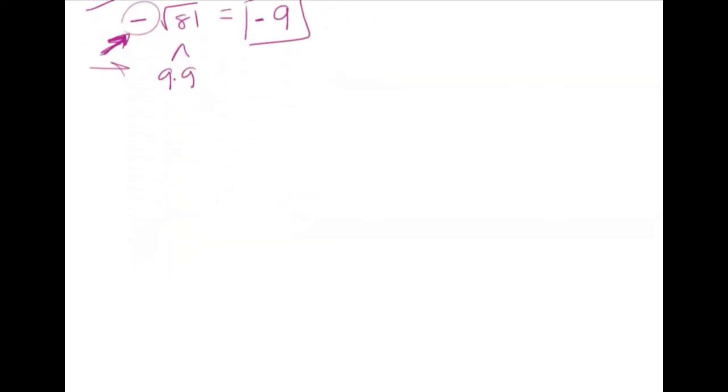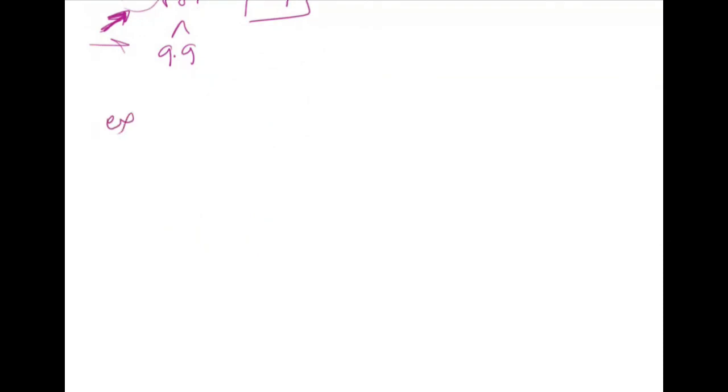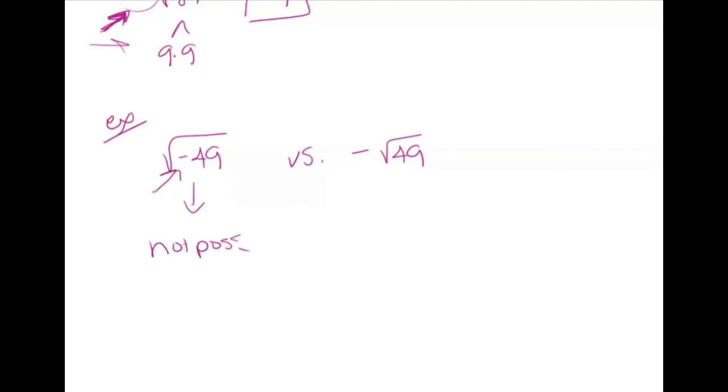Okay, let's do another example like that so you see the difference. If I wanted to take the square root of negative 49 versus the negative square root of 49, this one is not possible because there's a negative underneath the square root.